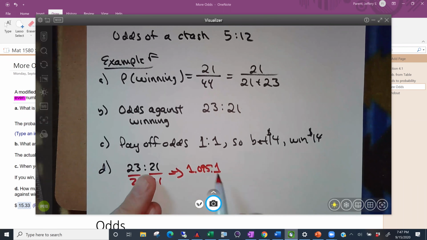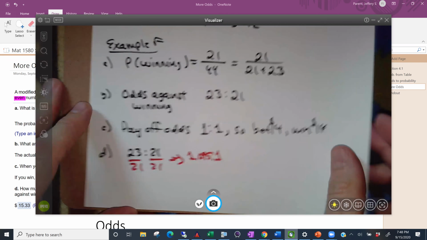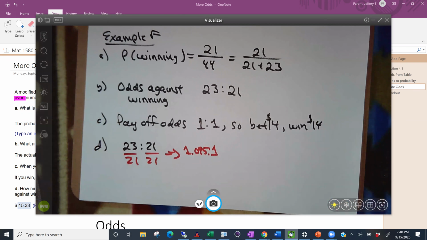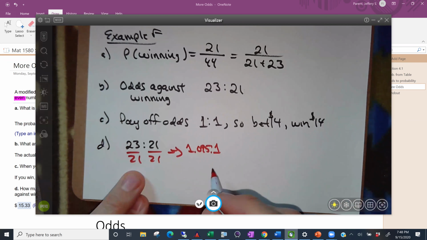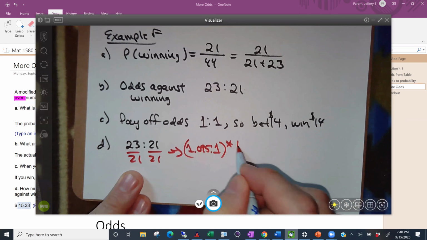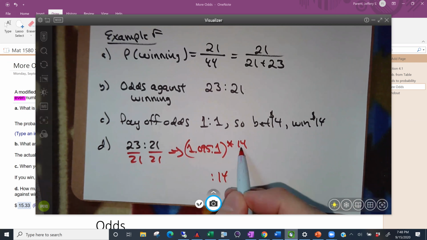So for every dollar you bet, you should get a little bit more than $1 back, almost $1.10. That's how much you should get compared to your actual risk in betting $1. So if I'm going to bet $14, then this times 14 should tell me how much I should win.